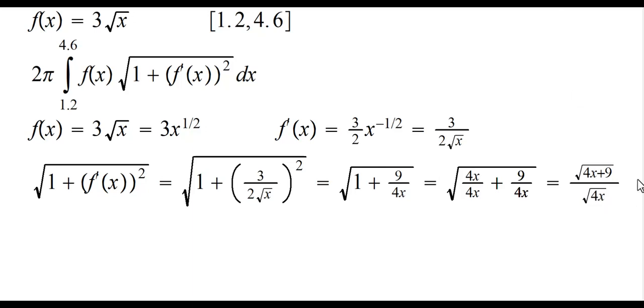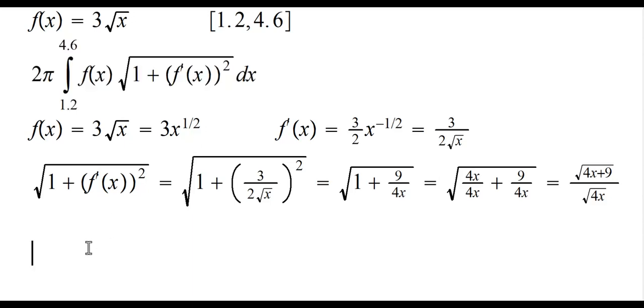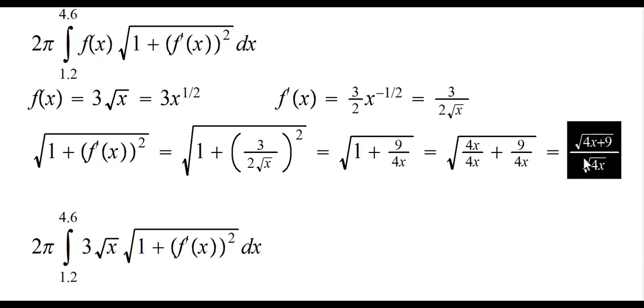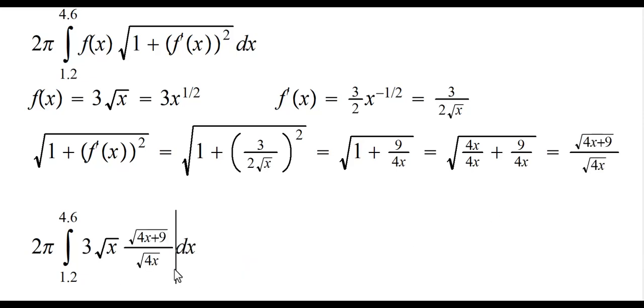All right, so when we substitute all that in here, let's see what we get. So f(x) is how much? f(x) is simply 3 square root of x. So let's write it here. Okay, 3 square root of x, and this quantity we just found as this, right?